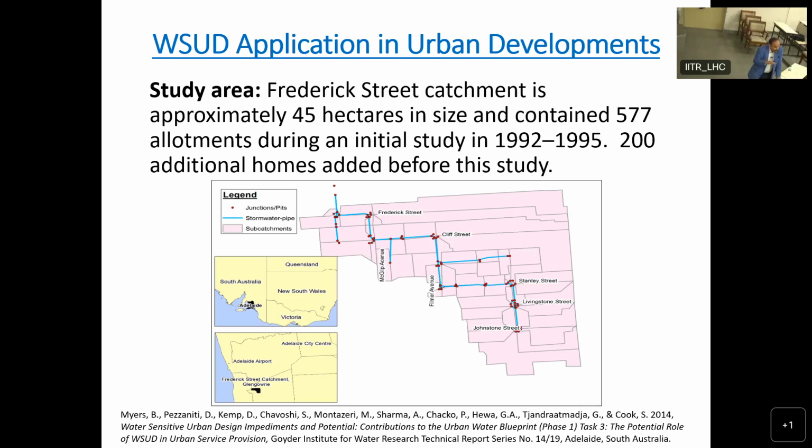So we put all the data into the EPA SWMM model rather than manually entering it. We brought those data files in, and it has the capacity where you can use those data directly.